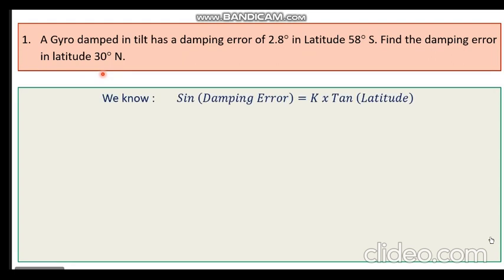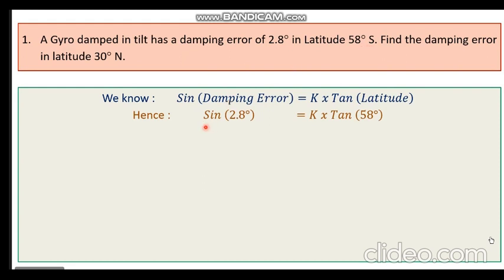Now we are aware the damping error formula is given by sine of damping error is equal to K tan latitude. So in this question you see they have given us the damping error as 2.8 degrees and they have given the latitude also, 58 degrees south.